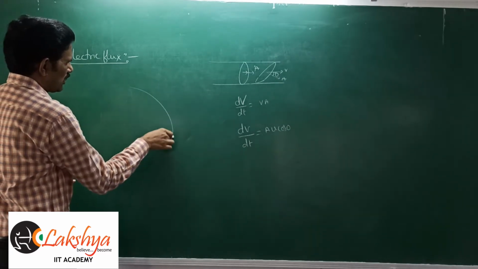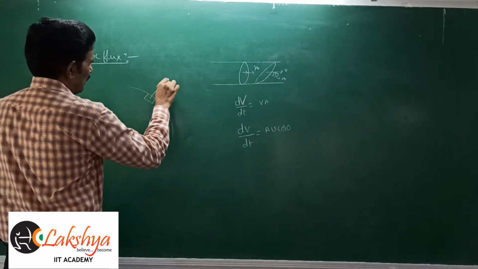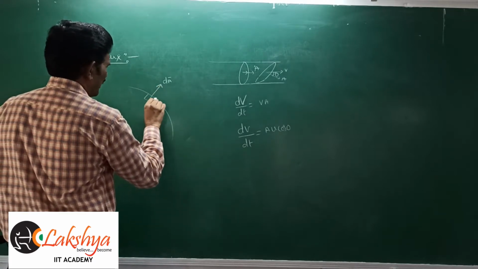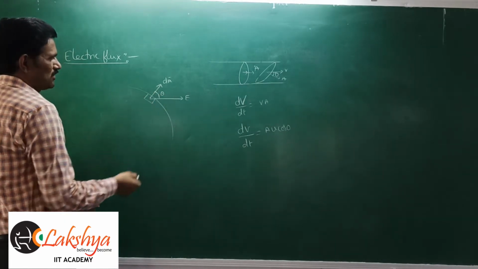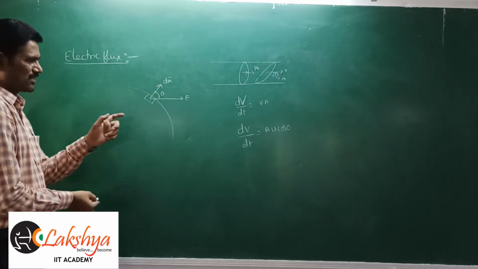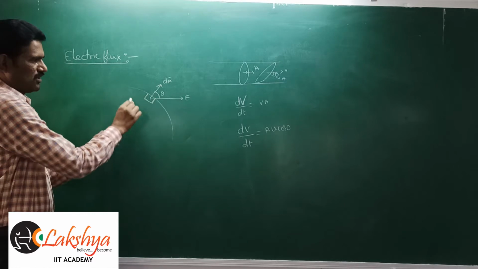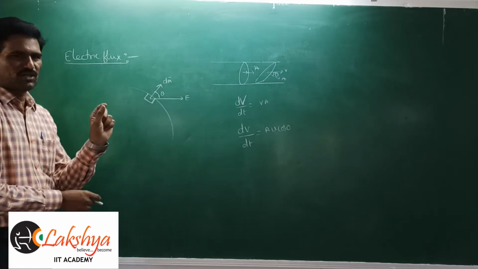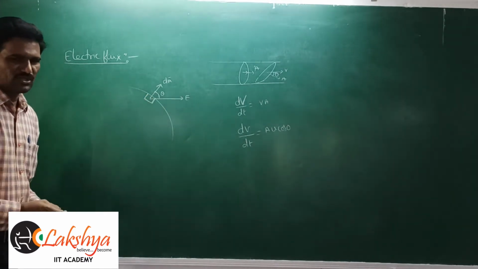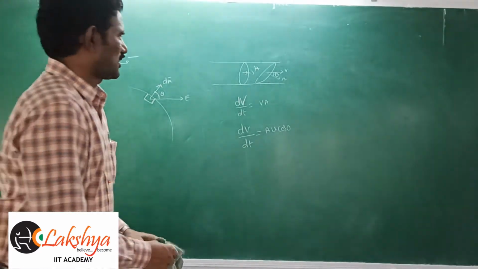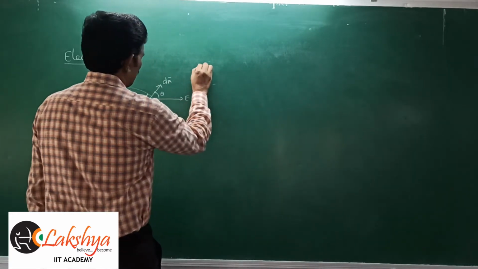The electric field in this region is along this direction, making an angle theta with the area. On this curved surface we take a small element of area dA, and the electric flux passing through that small elemental area we represent with d phi.